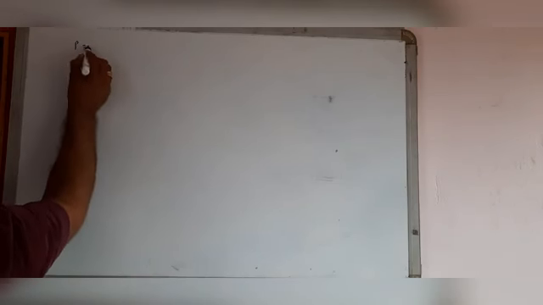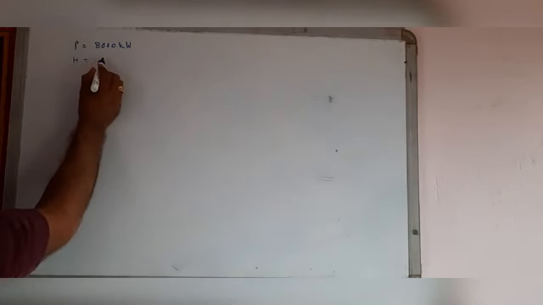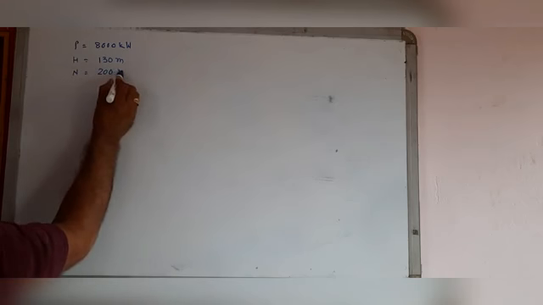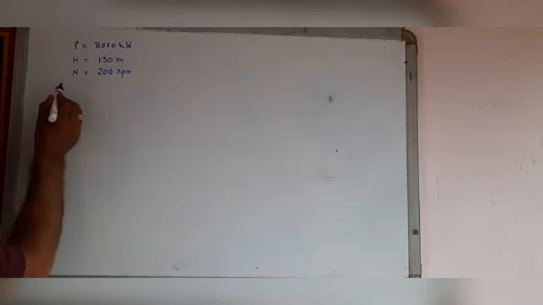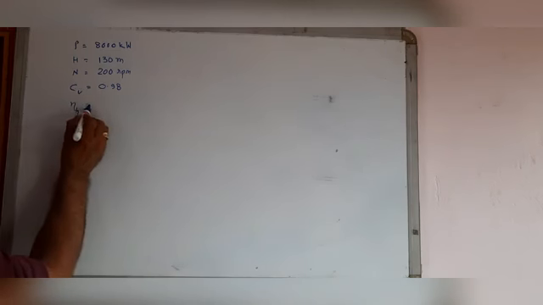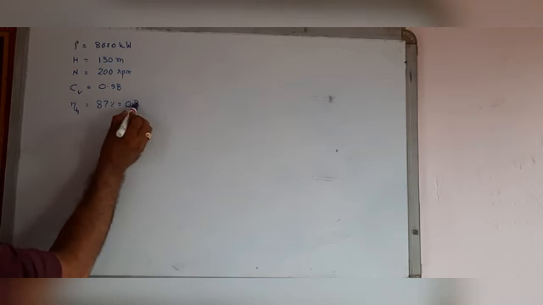Here the data given are: power developed equal to 8000 kilowatt, net head equal to 130 meter, speed N is 200 rpm, coefficient of velocity CV equal to 0.98, hydraulic efficiency eta hydraulic is equal to 87% equal to 0.87.